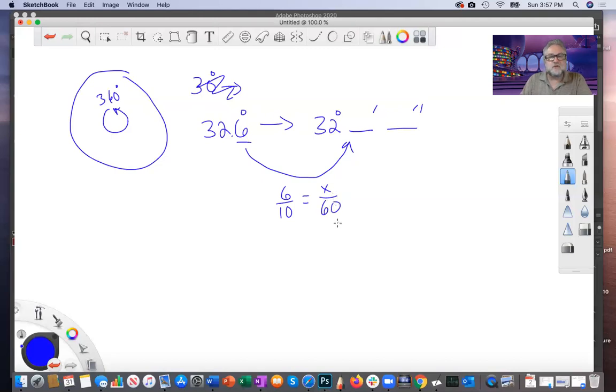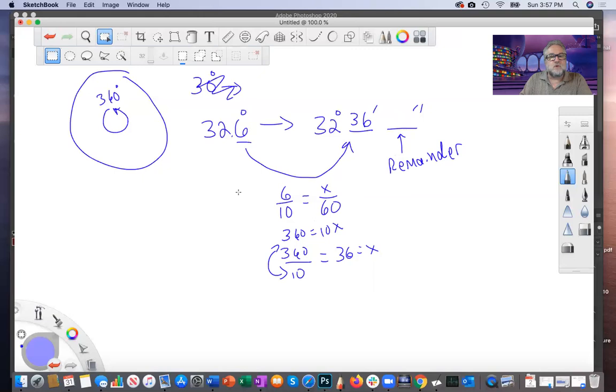If I cross multiply, 360 equals 10x, 360 over 10 equals 36 equals x. So this is 32 degrees, 36 minutes, and notice there's no remainder. That means there's no seconds. The seconds are for the remainder. This was a convenient one where nothing was left over, so there's nothing needed for the seconds.